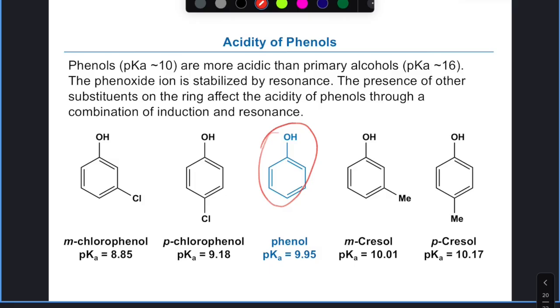Remember though, we talked about phenol a long time ago. If I drew the tautomer of phenol, the tautomer of phenol means I'm going to take the hydrogen from the oxygen and I'm going to promote it down to the carbon adjacent. I can redraw phenol as the ketone structure where I have my hydrogens over here.